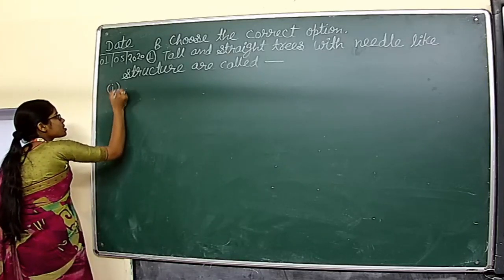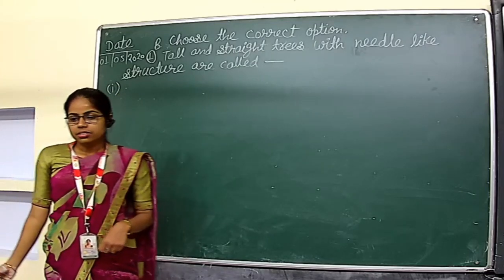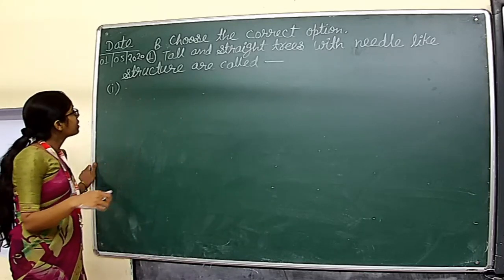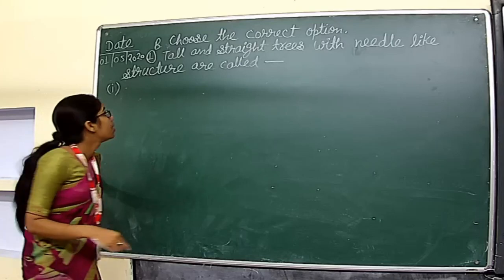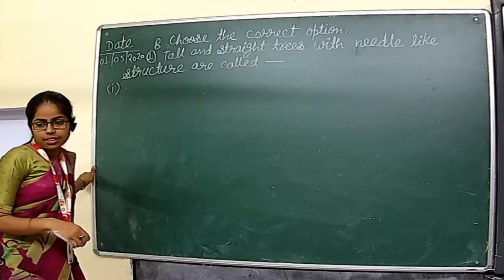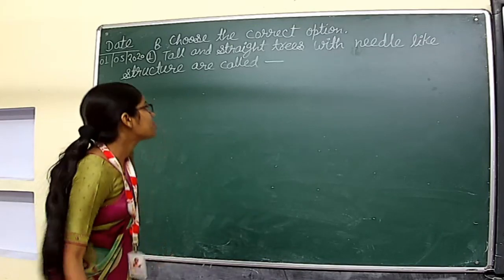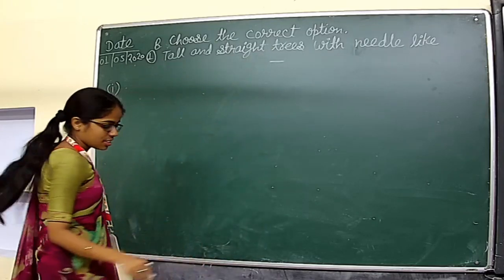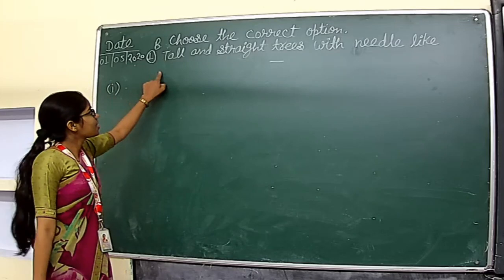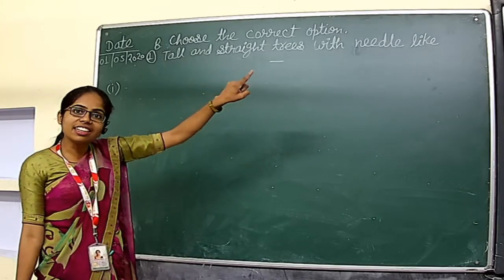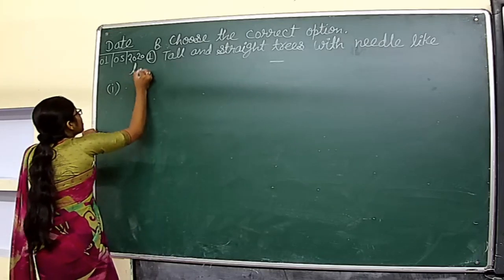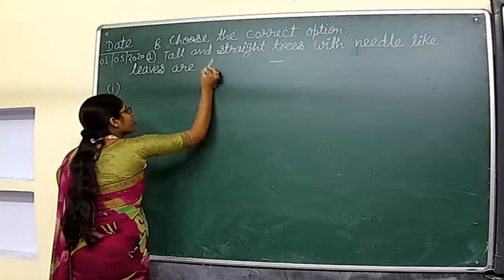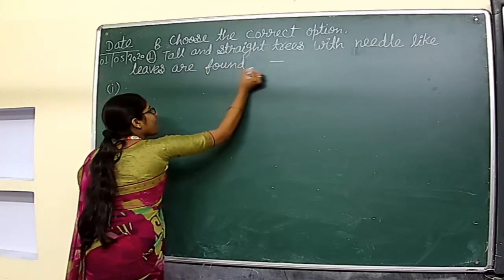Now, the first option is on hills. Tall and straight trees with needle-like leaves are found dash.